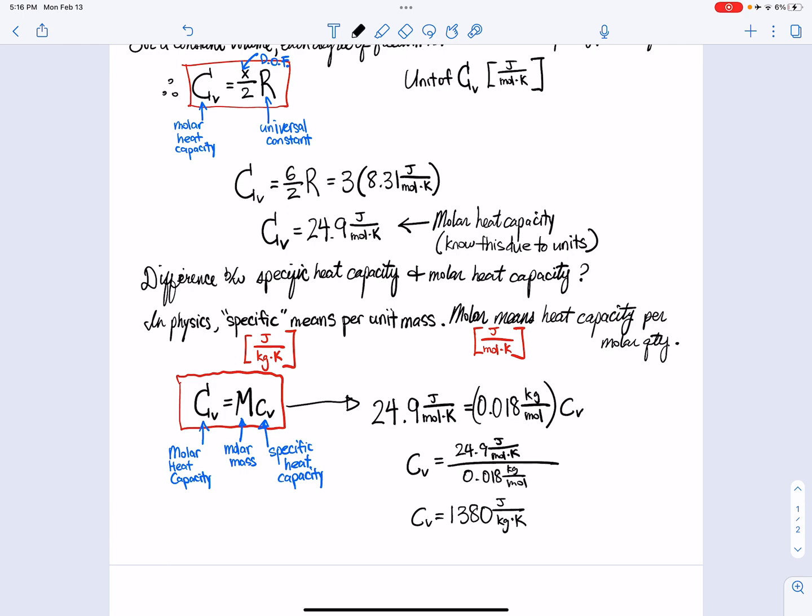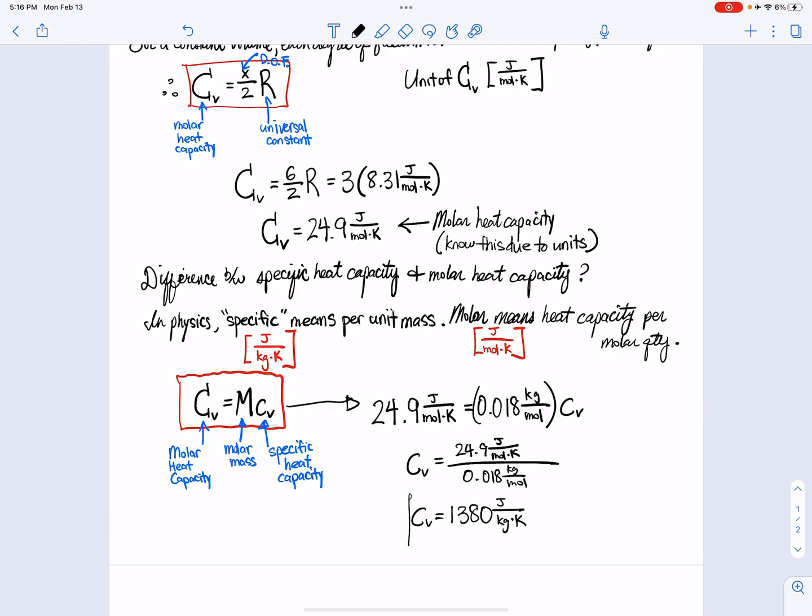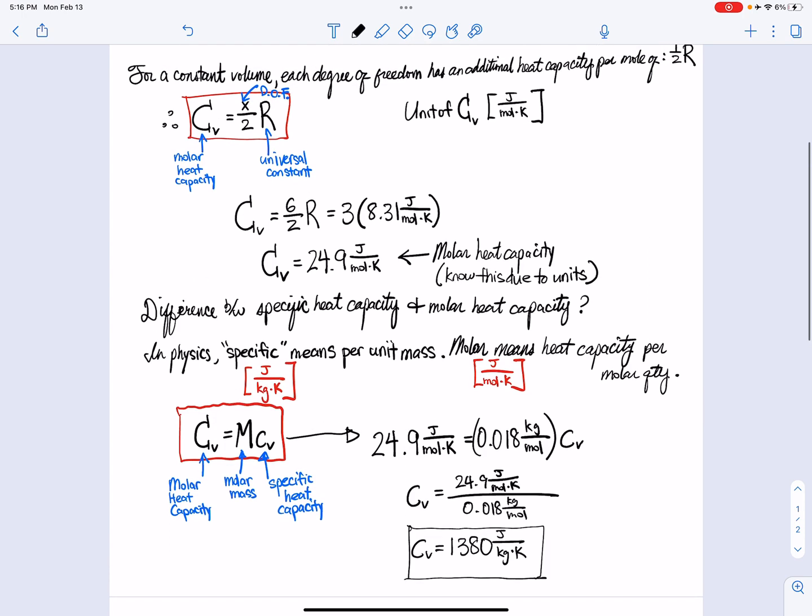So that is the specific heat capacity right here. That's the final answer for part A.